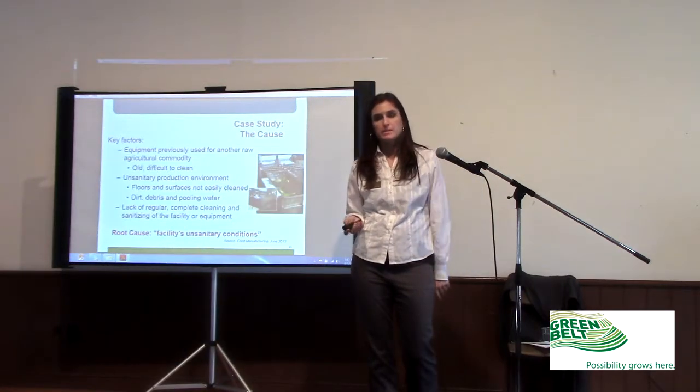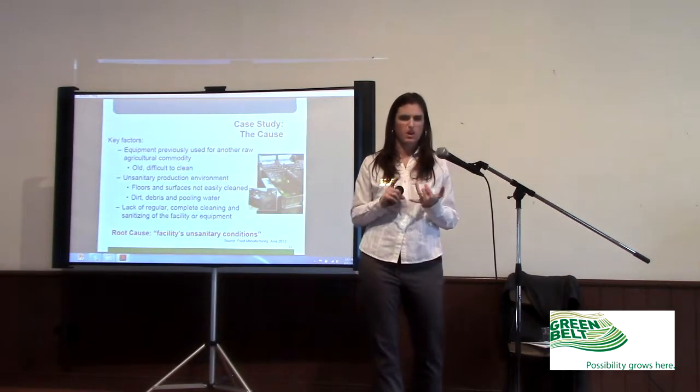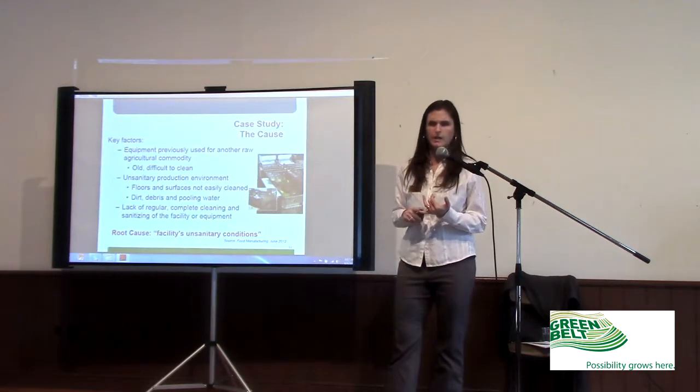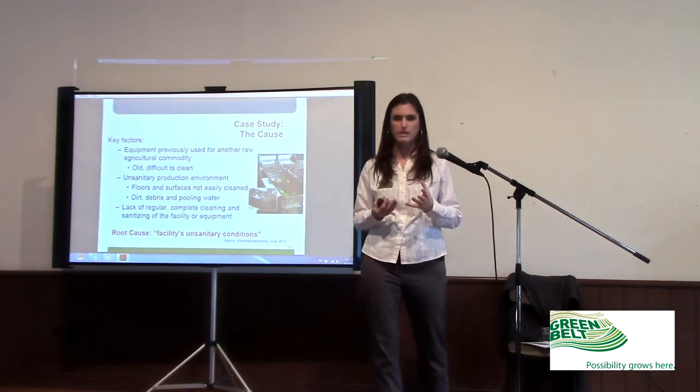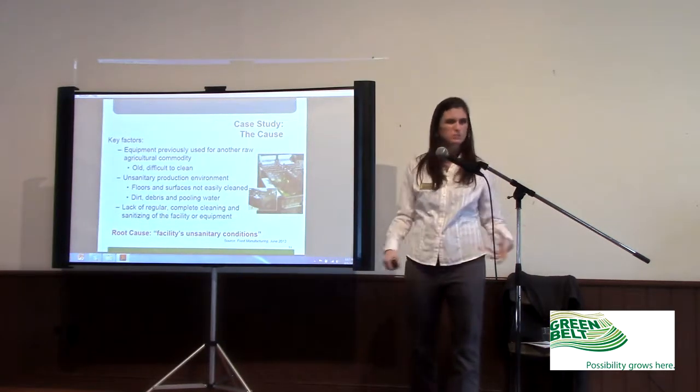Some of the key factors: again, there was this old, hard to clean equipment that wasn't cleaned very well. The sanitation in place wasn't the greatest. Even the floors and some of the other surfaces were porous and weren't easy to clean.